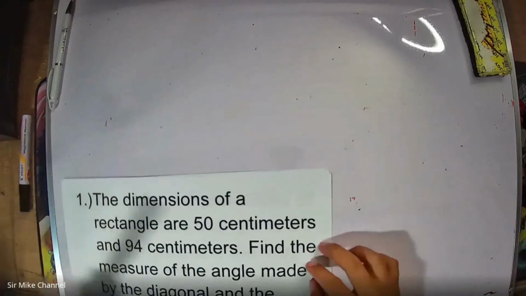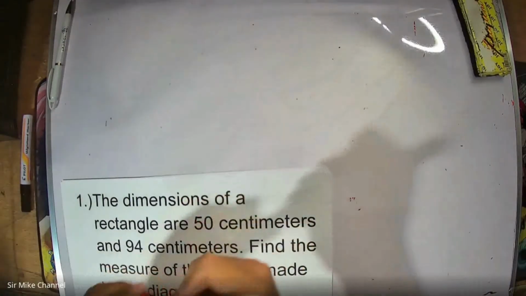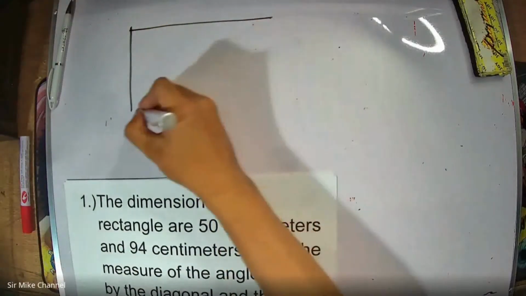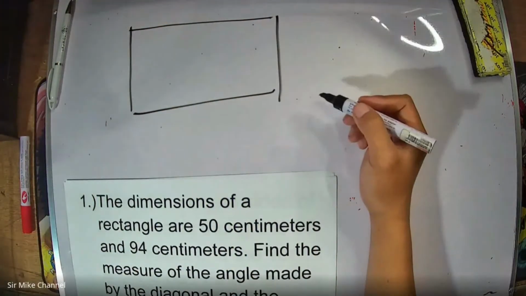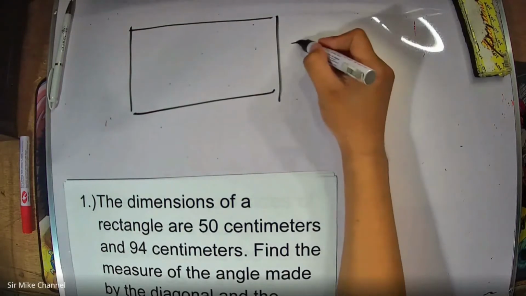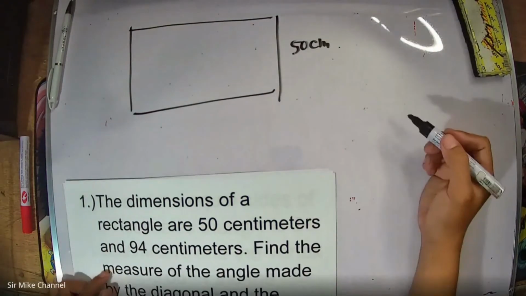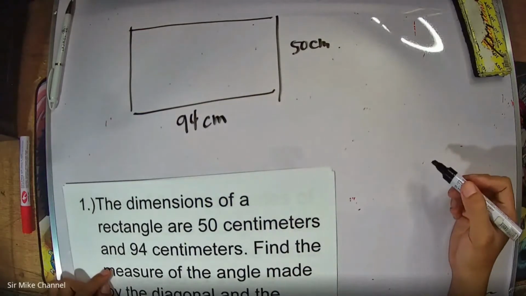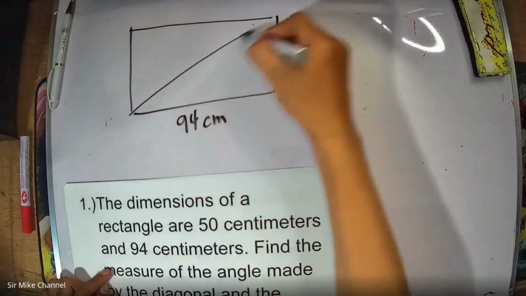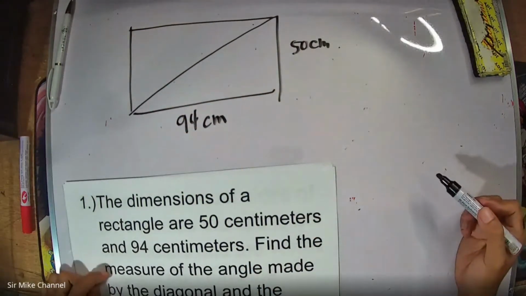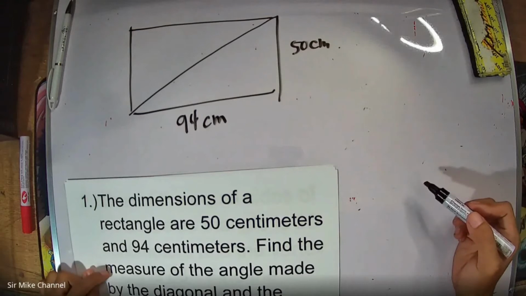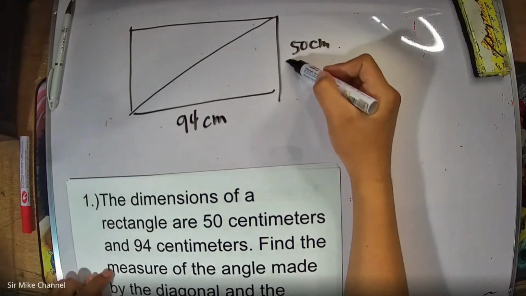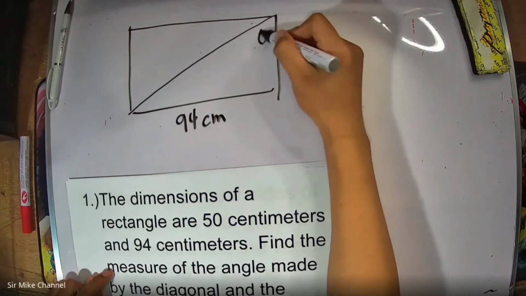So we draw a rectangle, with 50 cm and 94 cm, and then a diagonal. Find the measure of the angle made by the diagonal and the shorter side. This is the shortest side, and this is our missing angle.